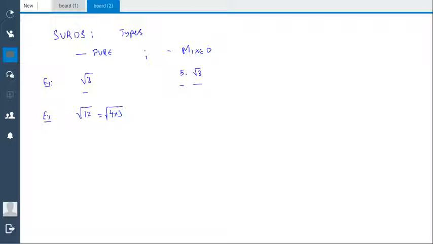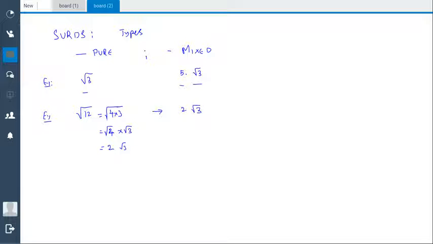Because we know the square root of 4. Square root of 4 is how much? 2. So I can write square root of 4 into square root of 3, so it is 2 root 3.